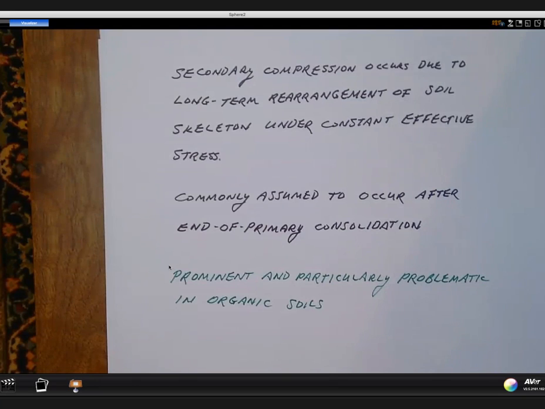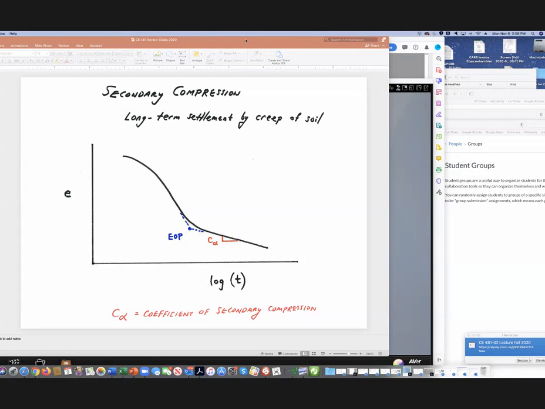It is prominent, meaning secondary compression is prominent, and particularly problematic in organic soils. And the calculation of that will look like this.